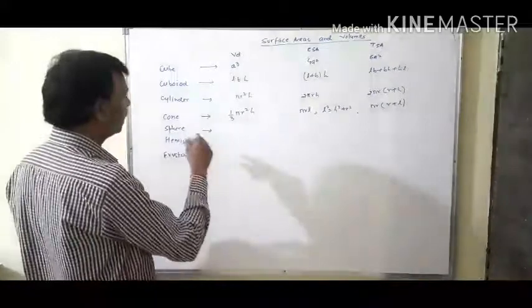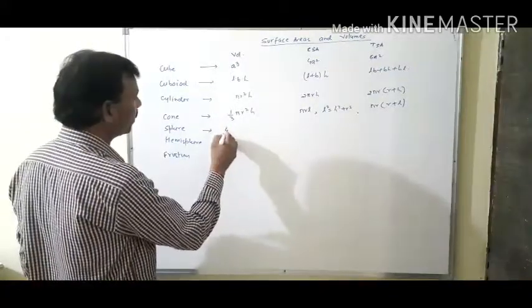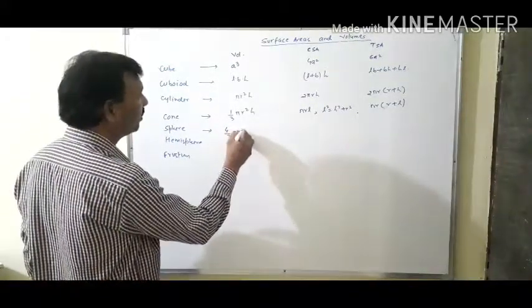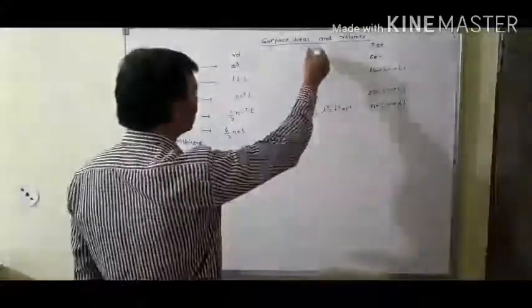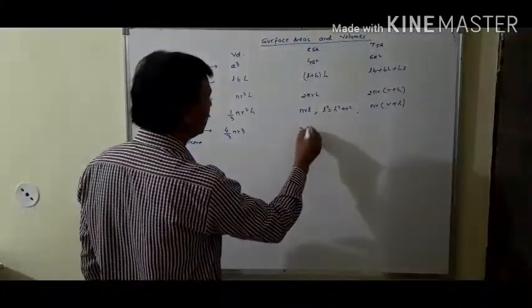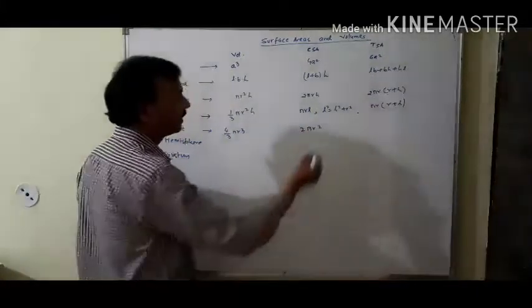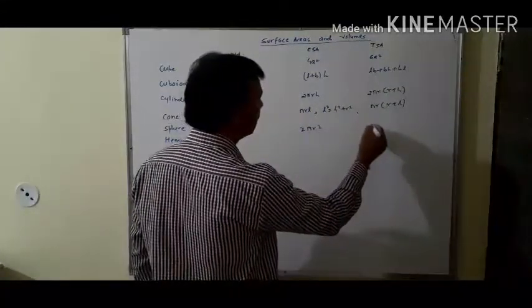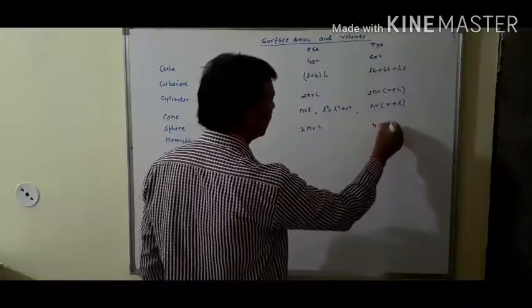Now volume of sphere is 4 upon 3 pi r cube, while CSA of the sphere is 4 pi r square, and TSA of the sphere is also 4 pi r square.